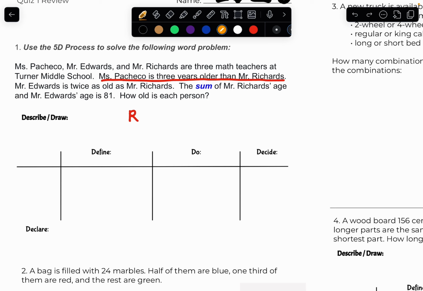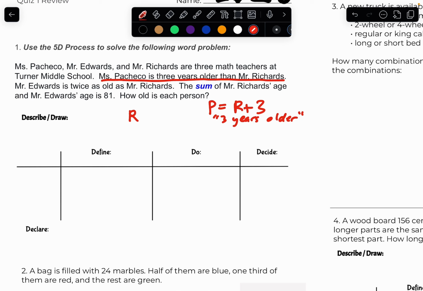Okay, so Miss Pacheco is 3 years older than Richards. So I'm going to say Pacheco is R plus 3, 3 years older than Richards.